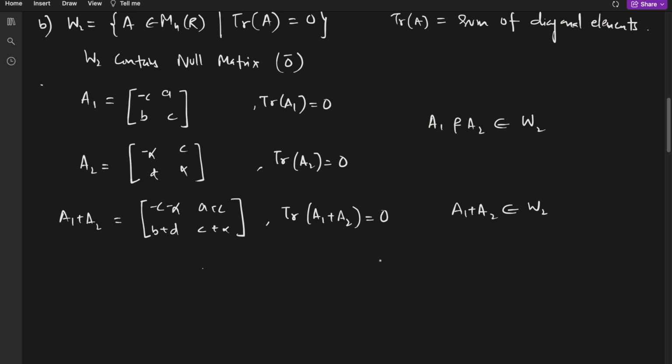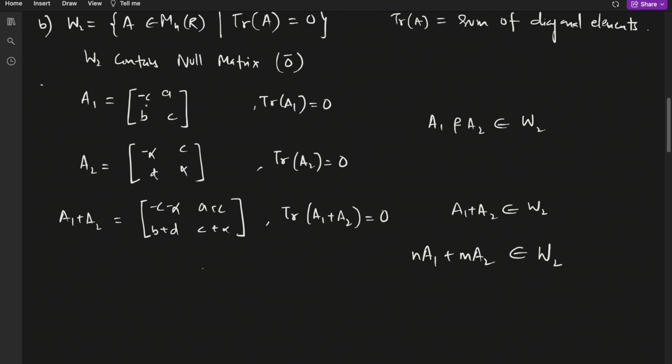You take any linear combination, n times A1 plus m times A2, it will always belong to the subspace W2. You can prove that because we are simply adding these elements, right?